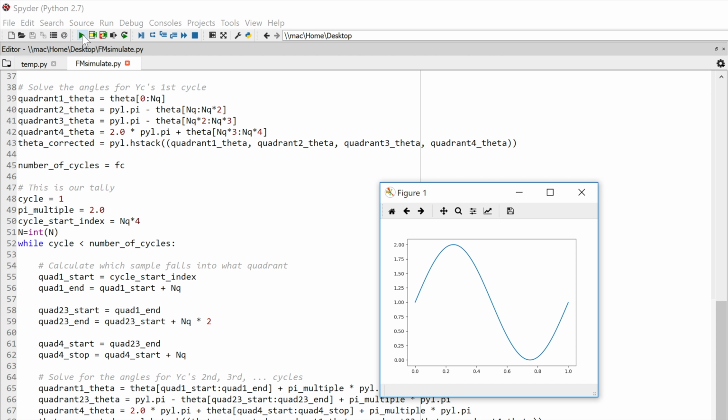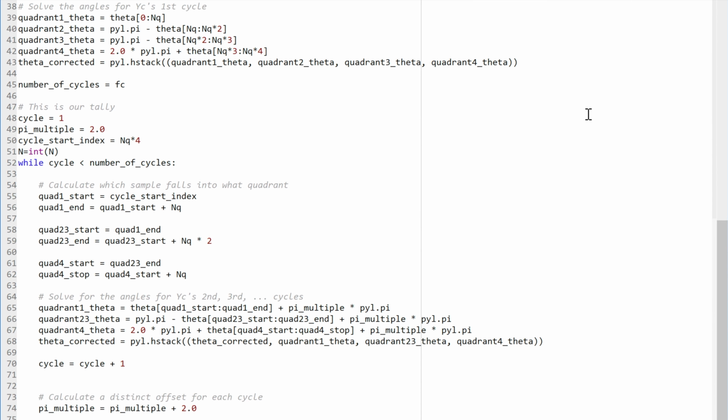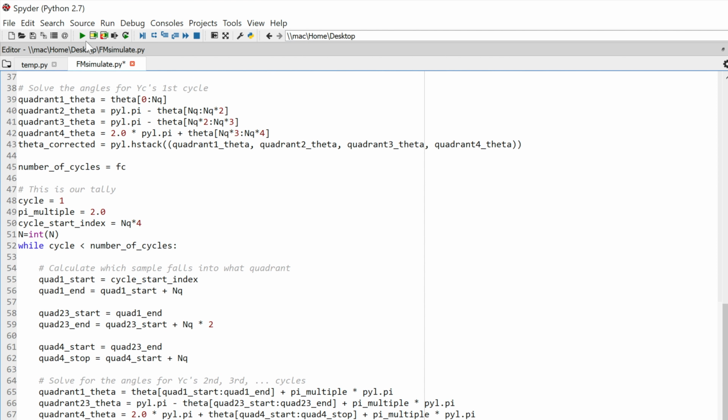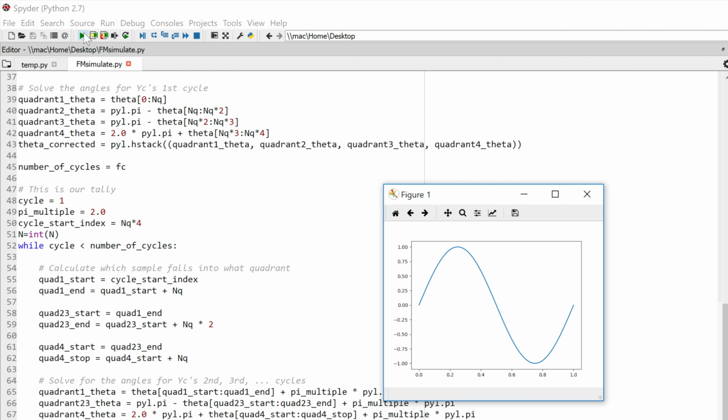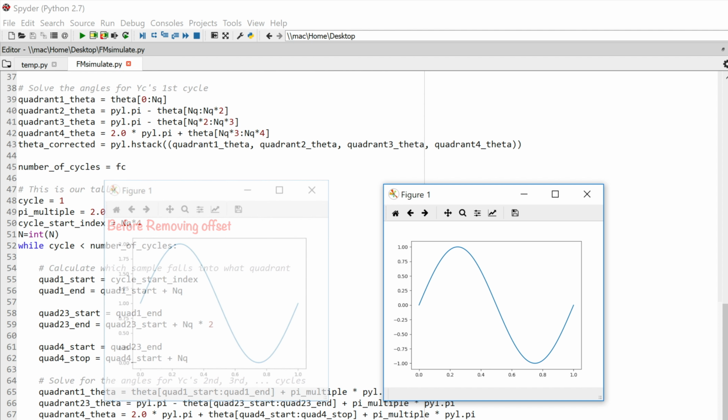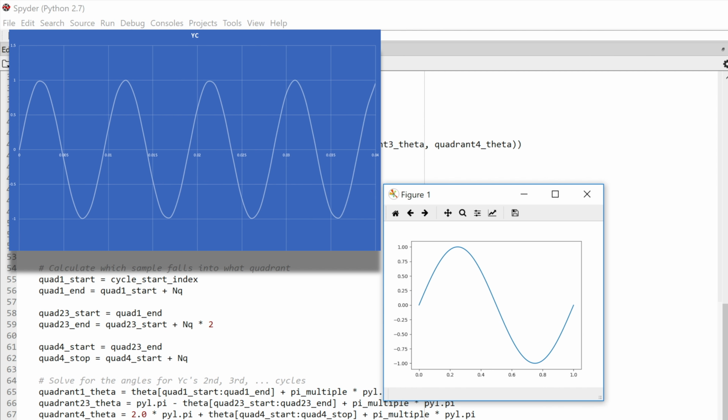That's better. Now all we need to do is subtract that offset. So for now, I can just do that subtraction here. Let's see how that turned out. There we go. As expected, everything has been shifted down by 1. In other words, we have finally recreated the original information signal by decoding it from the varying frequency of YC.